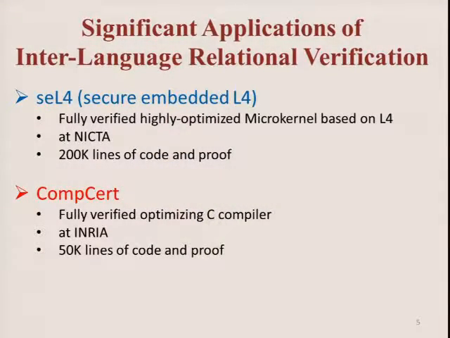Relational verification has already been put to use in significant applications. In fact, the two most famous and significant applications in full functional software verification, seL4 and CompCert, made heavy use of relational verification. First, seL4, secure embedded L4, is a fully verified, highly optimized microkernel based on the L4 architecture, developed at NICTA in Australia.